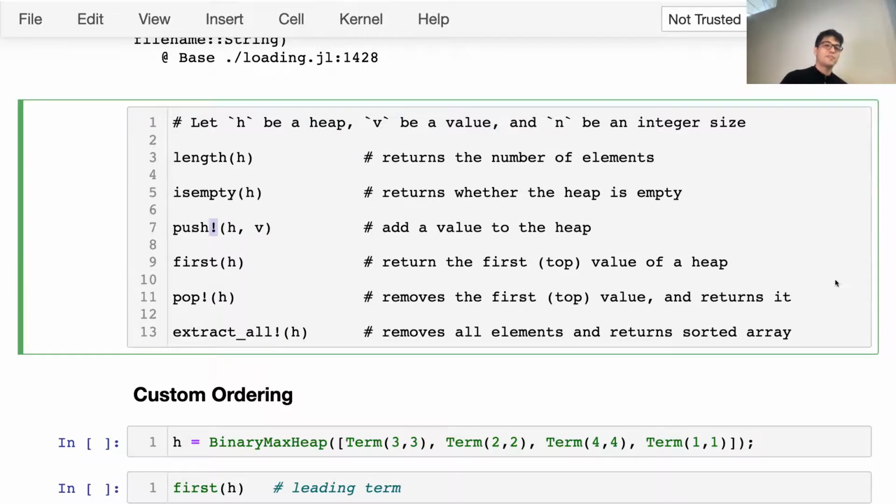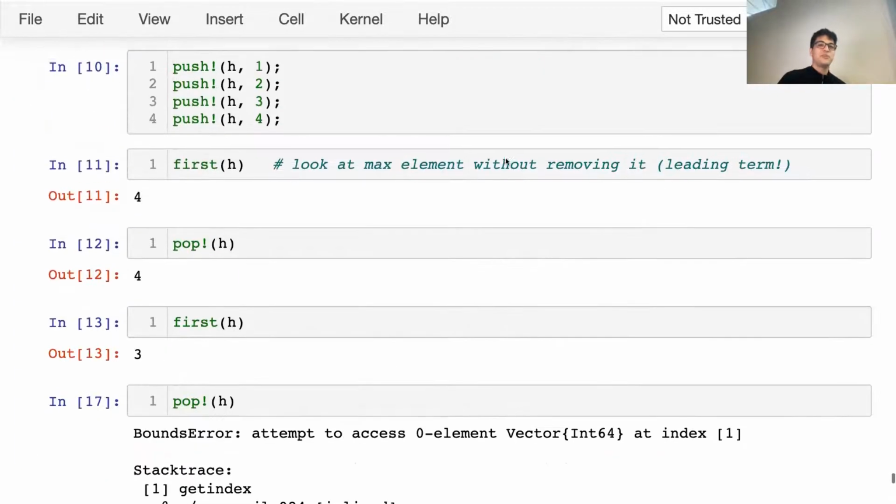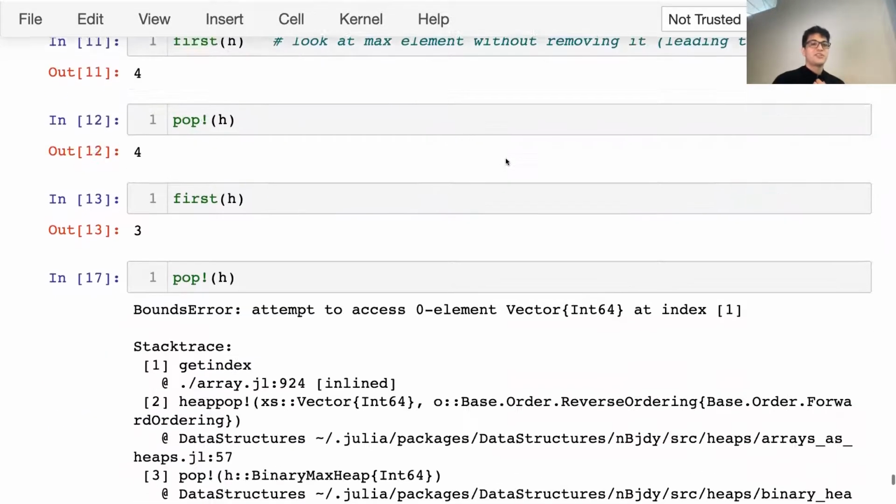This was ordering by the ordering on integers. So what kind of ordering do we need for terms? By degree. It turns out that this is already defined in your Julia file. We've already defined for you the comparison operator for terms. You don't even have to write it.